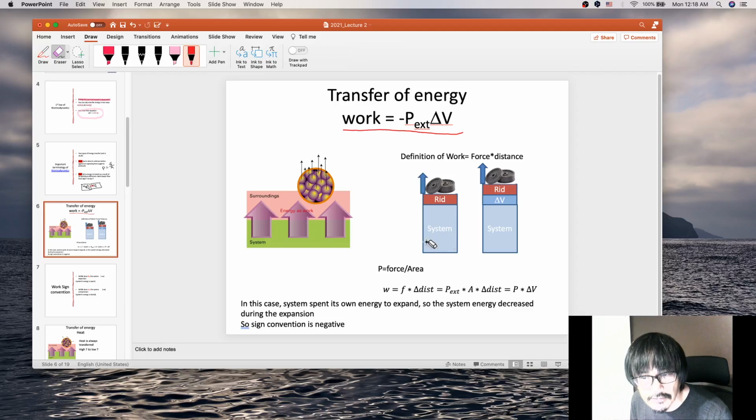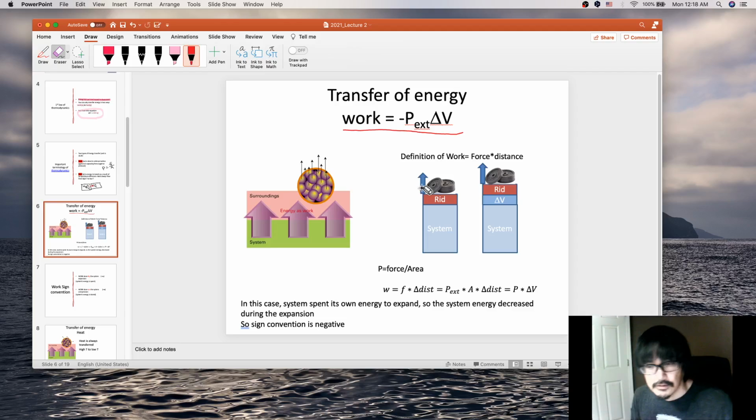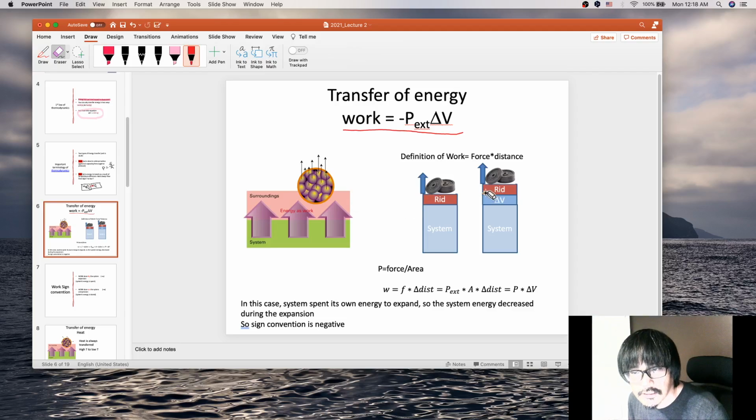You have a system closed by a lid, with a weight on top of it. The system is trying to push that lid upward. So now the lid has moved from here to here.